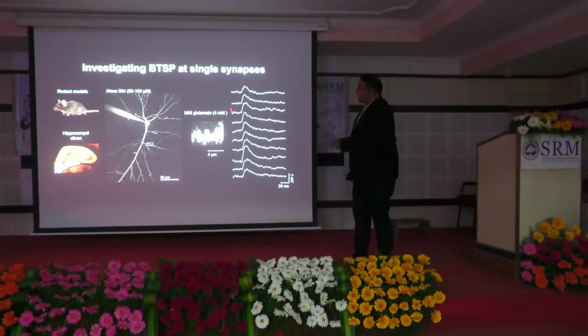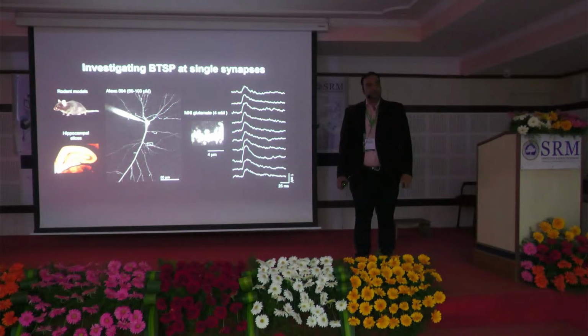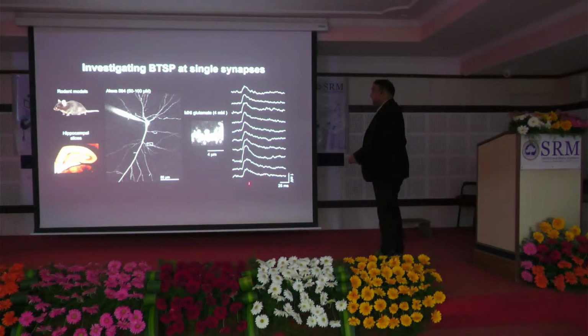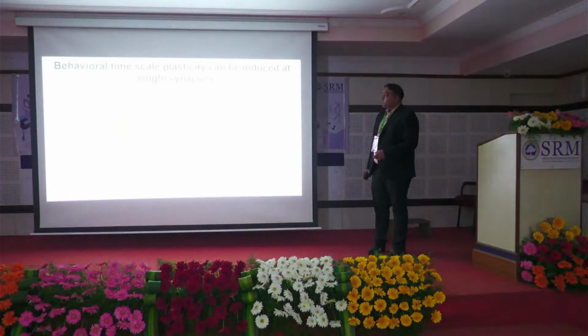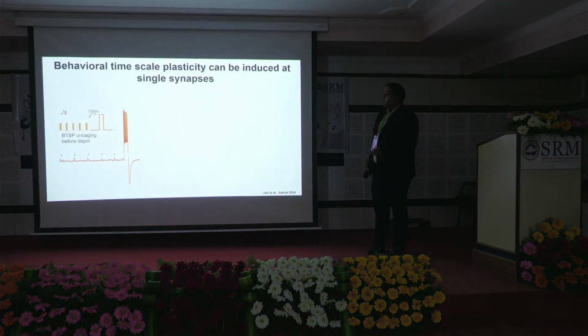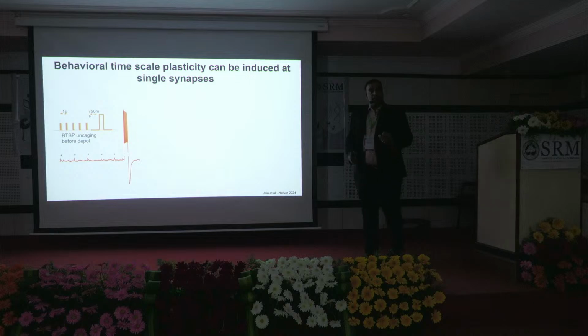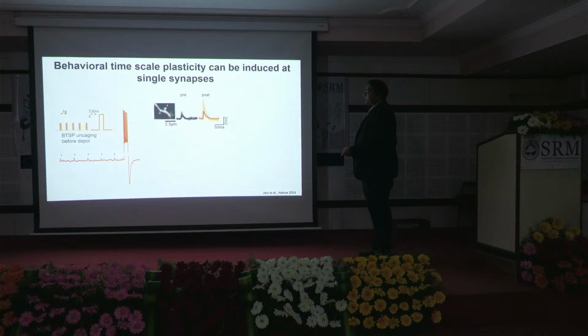Can I now induce some kind of plasticity to change these current amplitudes? Okay, this is actually not currents, but these are potentials because we are recording in current clamp. So we found that indeed behavioral timescale plasticity, or the plasticity that is relevant for place cells, can be induced at individual synapses.